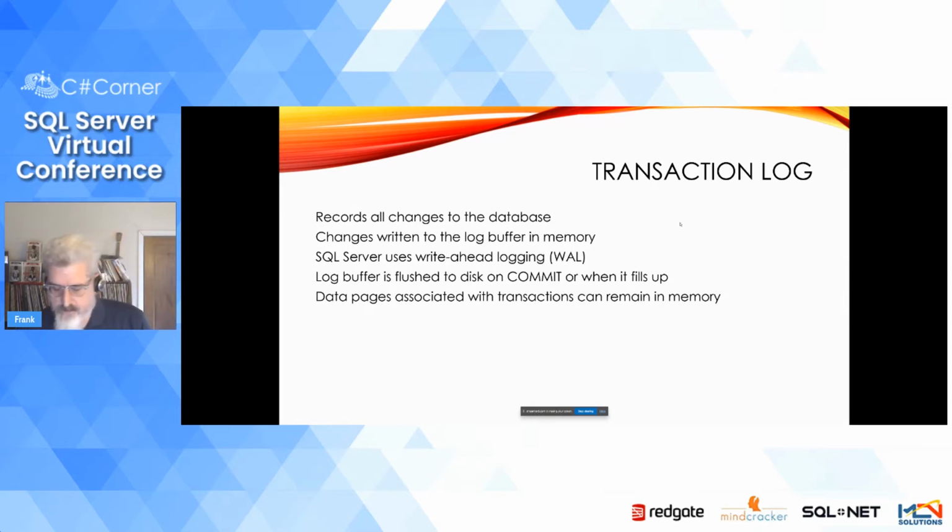And SQL Server does everything it can in memory because it's much quicker to access memory for both reads and writes than it is to go to disk. So those changes are written to the log buffer in memory, and then that log buffer is flushed to disk, and it's flushed to disk at 2 points. One, when you commit a transaction, it will flush that buffer to disk, or when that log buffer fills up.